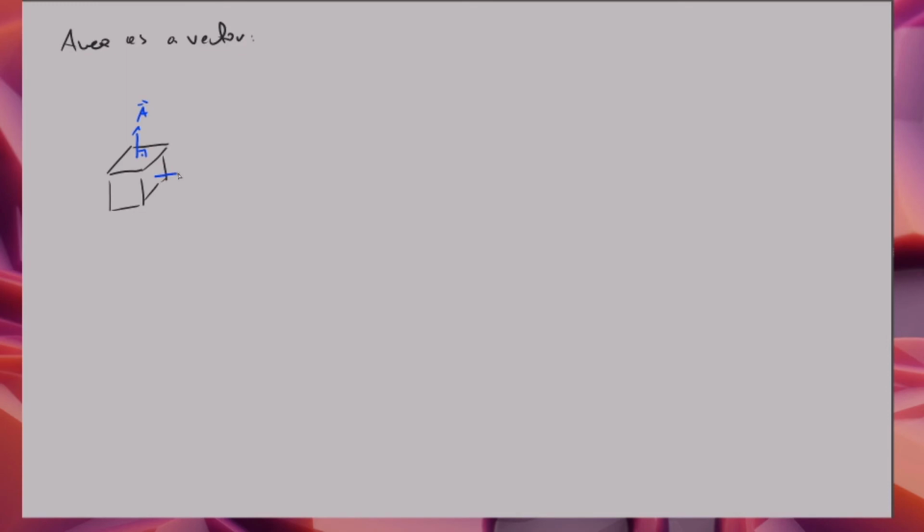Now on the side here, you will also have a vector, where the magnitude of this vector A is the size of the area of the side, but this vector also points in a certain specific direction, 90 degrees. I'll do one more. In the front here, you have vector A, where the magnitude of this vector A is the actual size of this area here. And this thing points at 90 degrees to the surface.